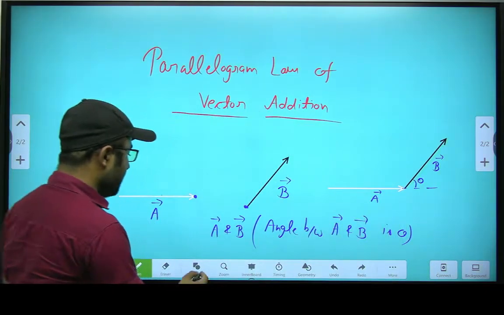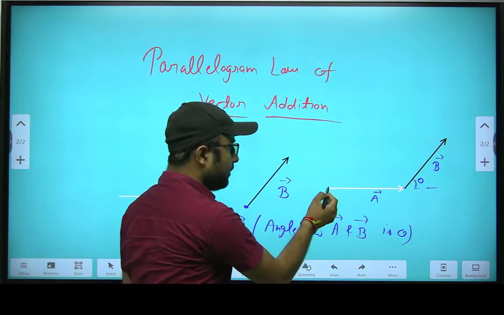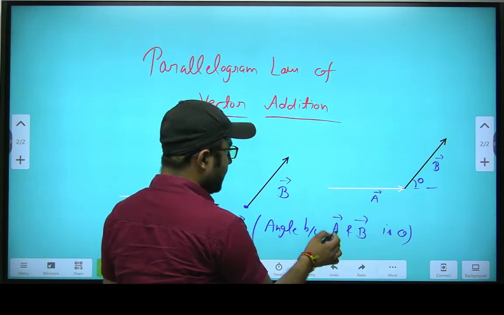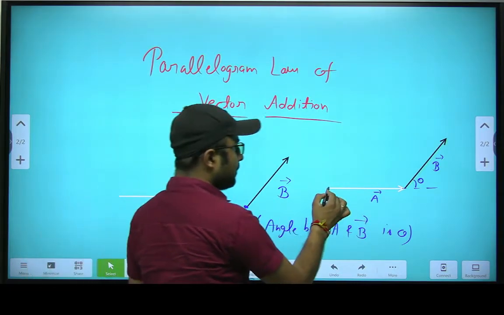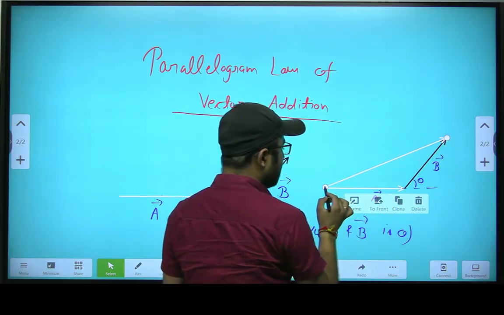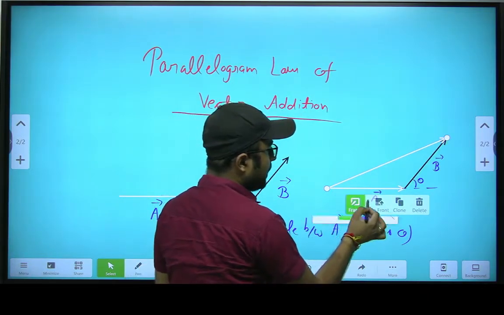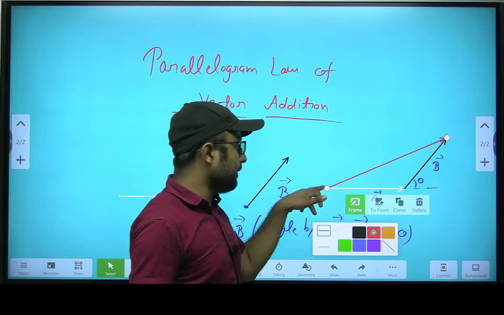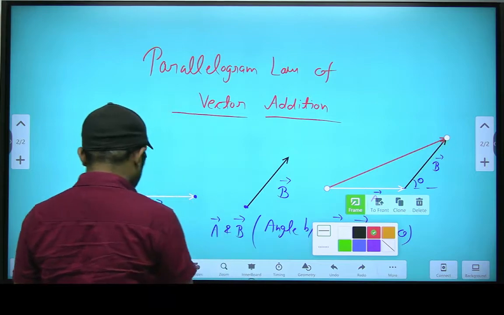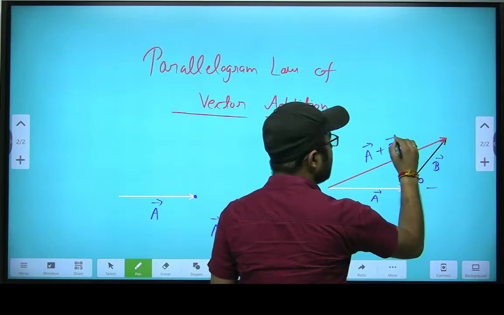Now if we join the tail of the first vector to the head of the last vector, that vector will give you the addition of vectors, that is this will be vector A plus B.